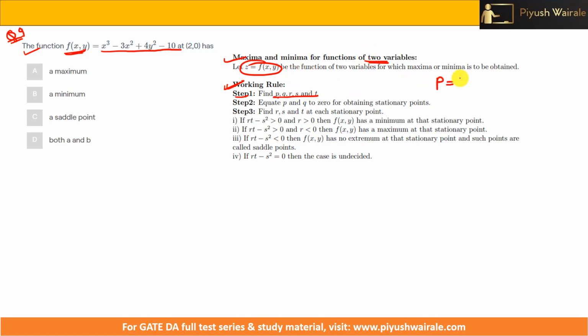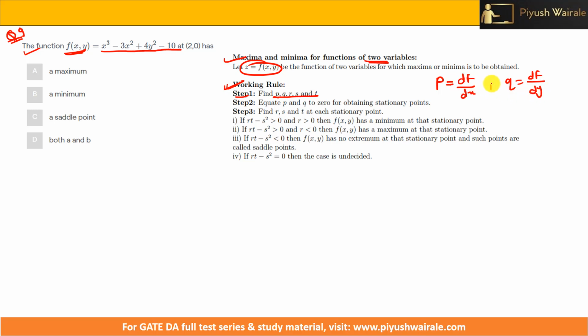Now what are p, q, r, s and t? p is basically the differentiation of f with respect to x, that is df by dx. q is the differentiation of this particular function with respect to y, that is df by dy.